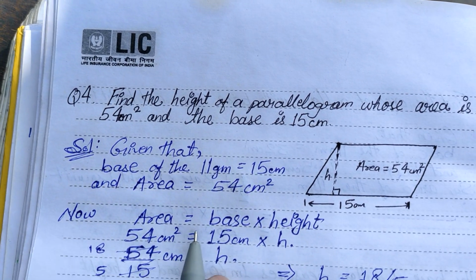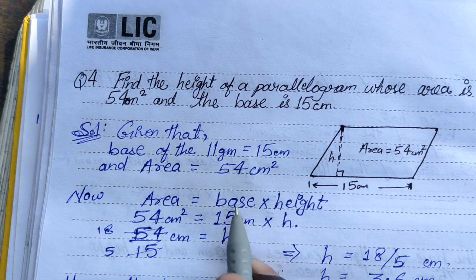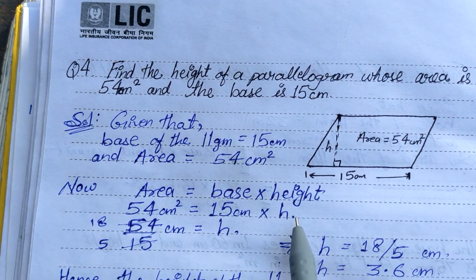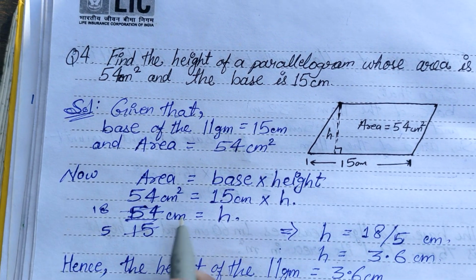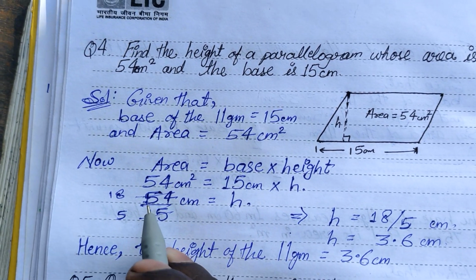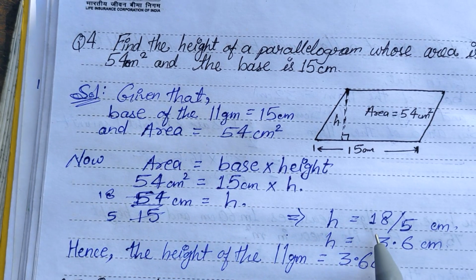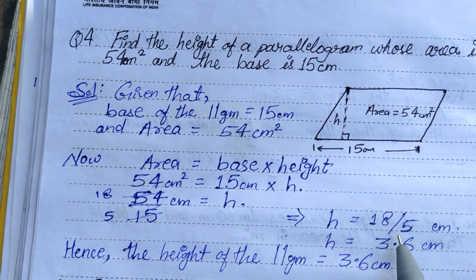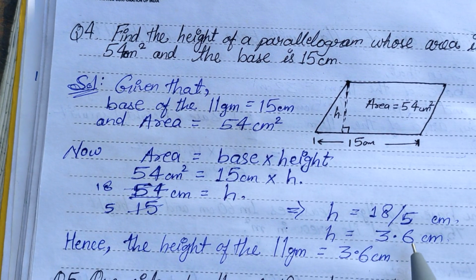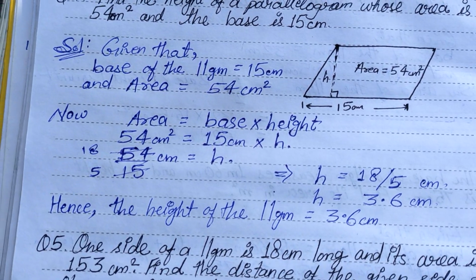We know that area is equal to base into height. So putting the value, area 54, base 15, suppose height be h. So transfer this 15 centimeter to the left, it will become divide. So 54 divided by 15, calculating this, we have 18 upon 5, and after doing the division, we have height is equal to 3.6 centimeter.